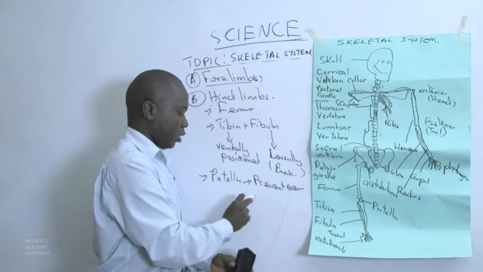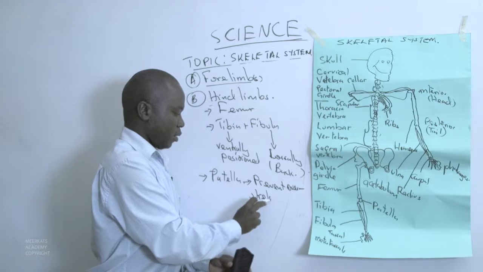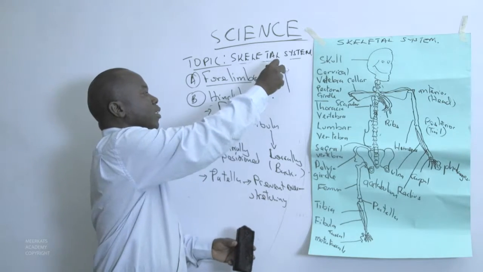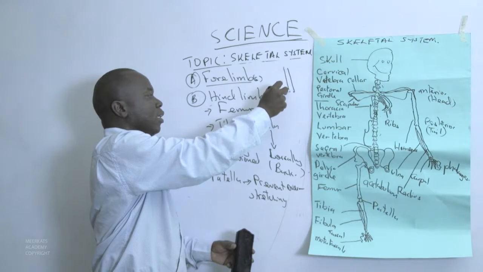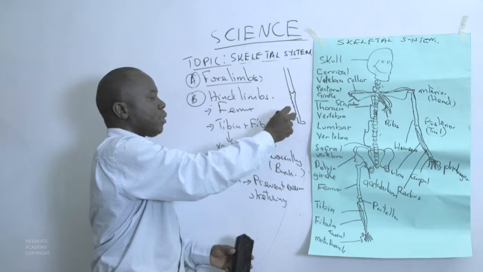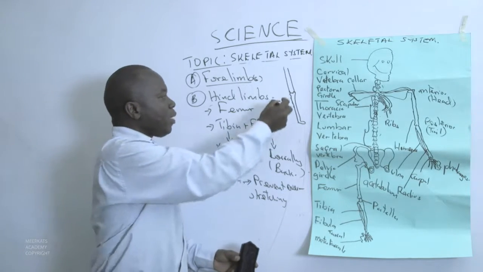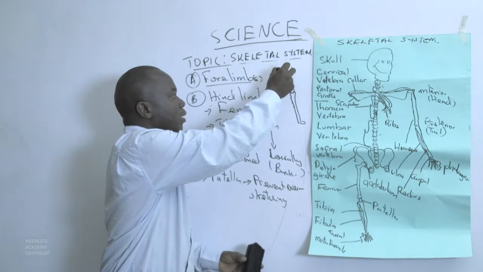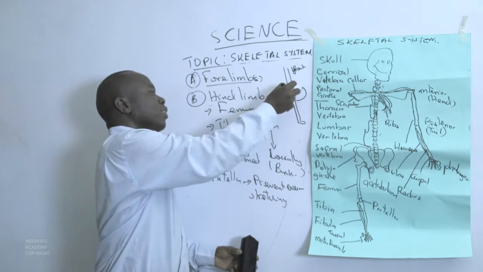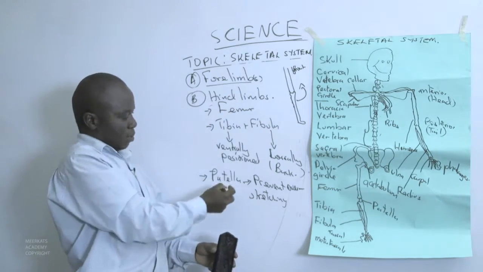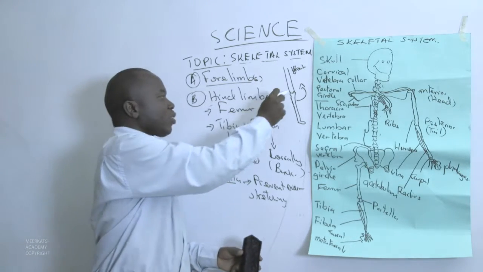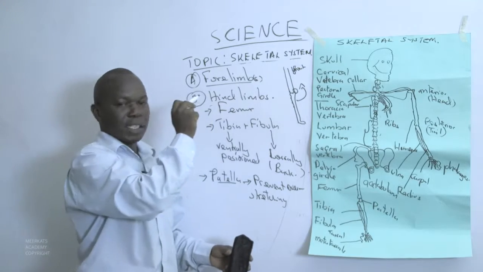That's why you cannot have your leg, let me just use a sketch here. That point, that's the lower limb. Then maybe this is the front part, ventral side. Then you want to bend it this side. It's not possible because we have the patella. It prevents overstretching.